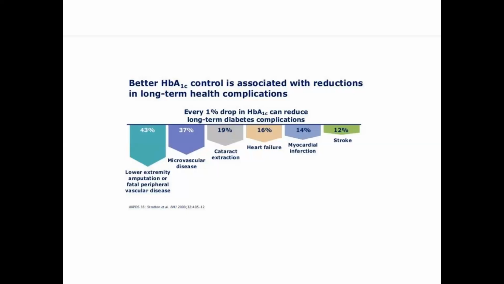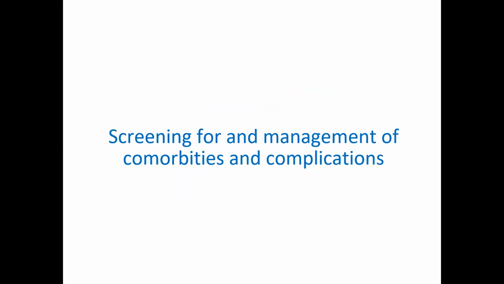It's also associated with a 37% reduction in the risk for microvascular disease, a 19% reduction in the risk for cataract, and a 16% reduction for heart failure. This tells us just how significant a 1% drop in HbA1c is in terms of reducing long-term complications.